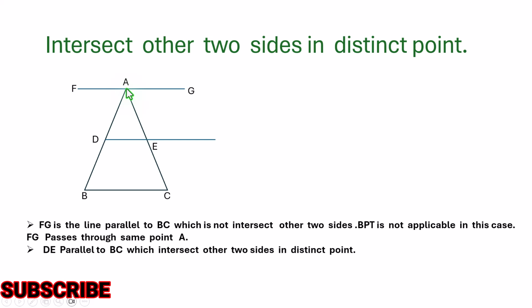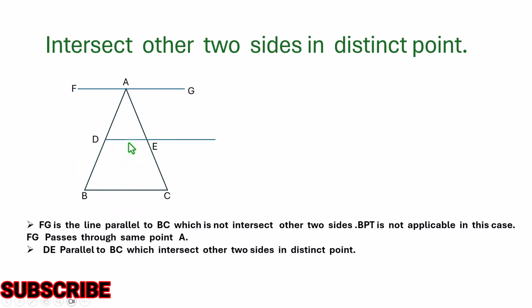FG passes through the same point, DE passes through distinct points. DE intersects the other two sides, but FG does not. So if FG is parallel to BC, in this case the basic proportionality theorem is not applicable. Only DE parallel to BC is applicable in the basic proportionality theorem.